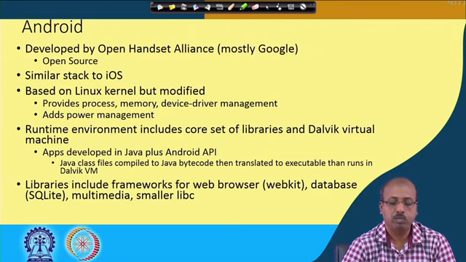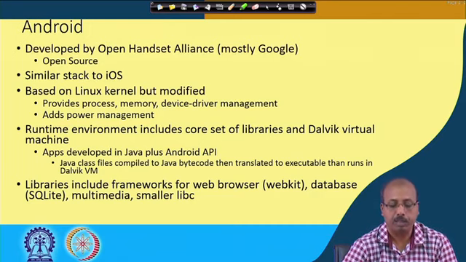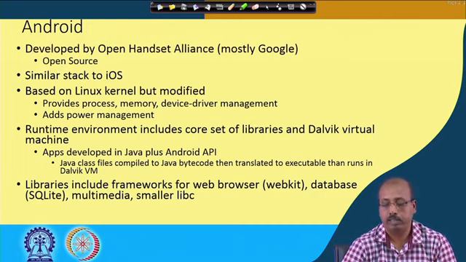The runtime environment includes a core set of libraries and the Dalvik virtual machine. Apps are developed in Java plus the Android API. Java class files are compiled to Java bytecode, then translated to an executable, and then run on the Dalvik VM. This is the standard Android development environment.